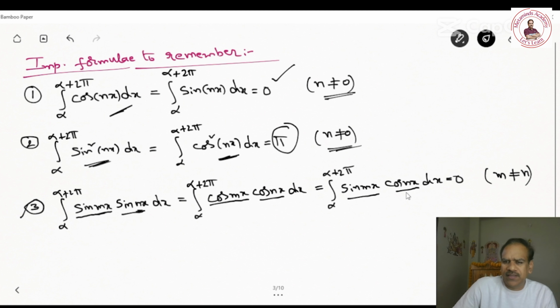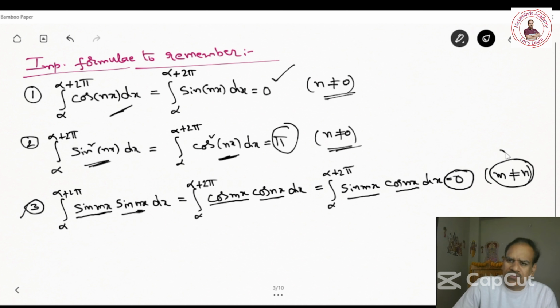You have three different combinations of sin and cos, but the important point is that m is not equal to n. In that case, the value of the integral becomes 0.